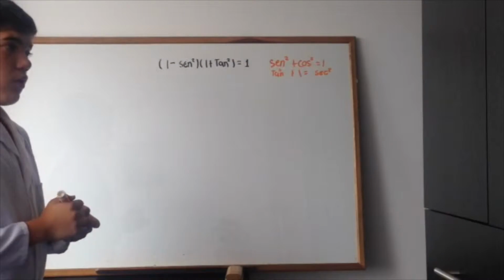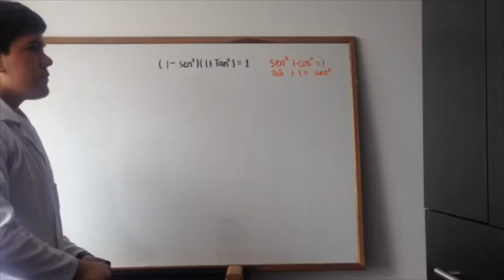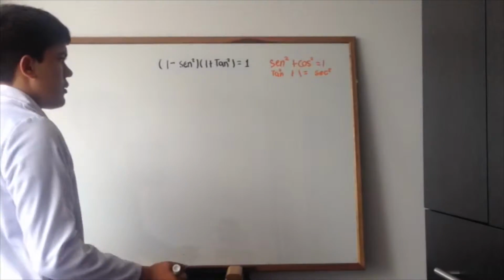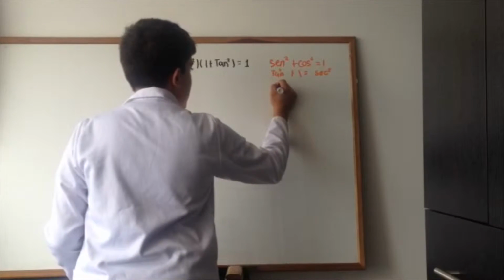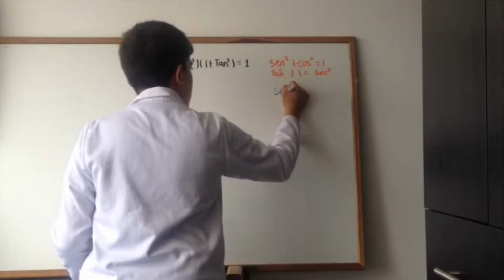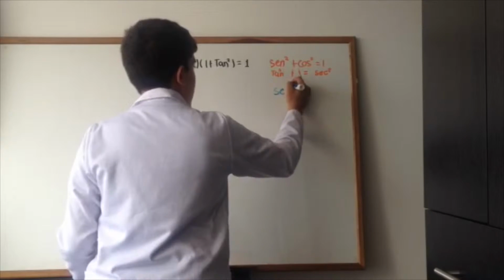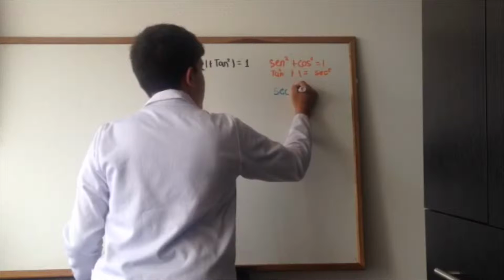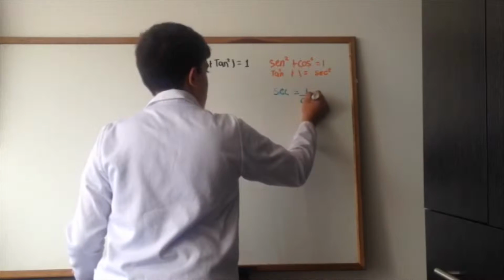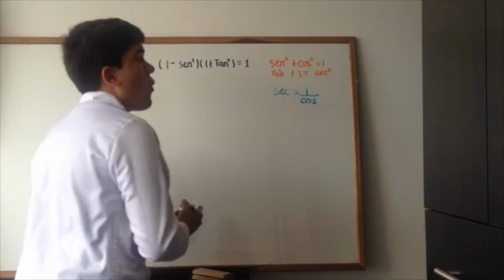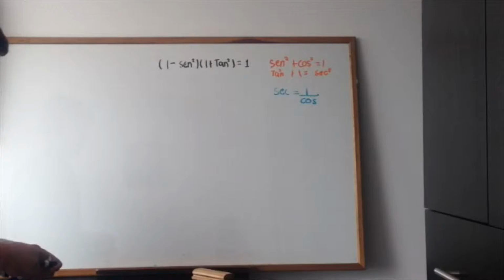And we know obviously the trigonometric ratios. In this case, we need secant is equal to 1 divided by cosine. Well, with the exercise.